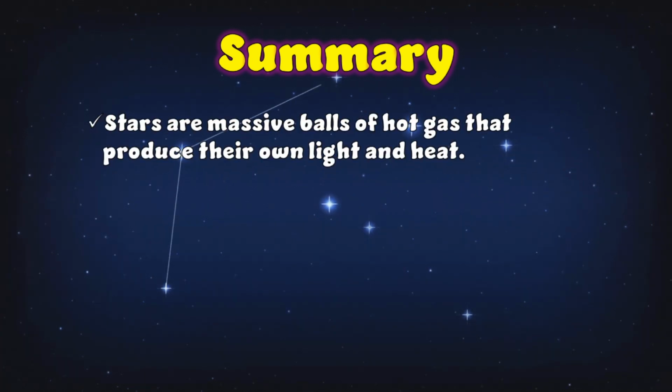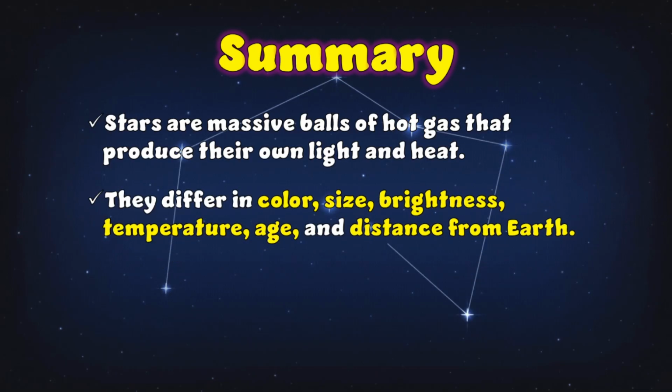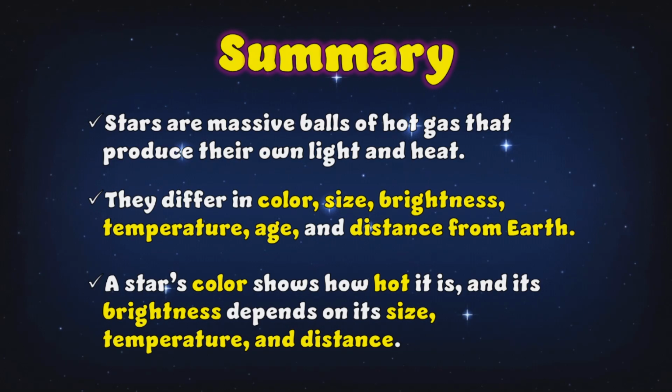To sum it up, stars are massive balls of hot gas that produce their own light and heat. They differ in color, size, brightness, temperature, age, and distance from Earth. A star's color shows how hot it is, and its brightness depends on its size, temperature, and distance.